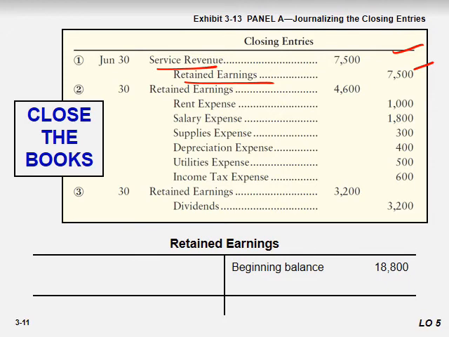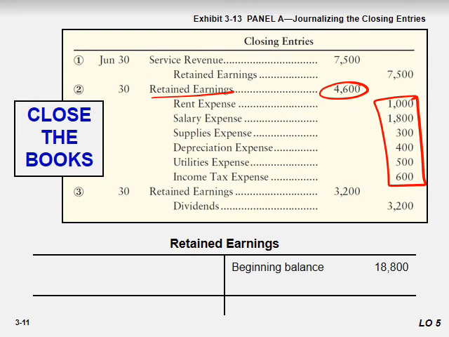And expenses, so when expense increases, it would be debited, but when you close the books, the entry would be reversed against retained earnings. And now when you close down the expenses, all the expenses are credited against retained earnings. So where did this 4,600 come from?